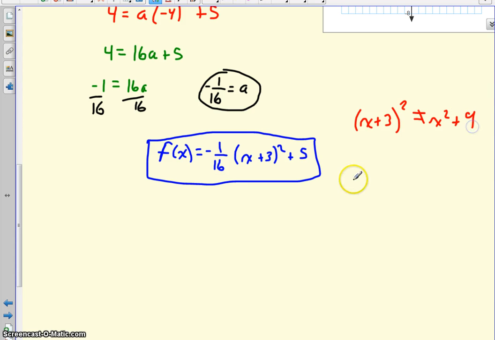Okay, it's not true for numbers. Let's say we did 3 plus 2 all squared. You would not tell me that this is 3 squared plus 2 squared. 3 squared is 9, 2 squared is 4. That's equal to 13. But we know that 3 plus 2 is equal to 5. So this should be 5 squared, which is 25.